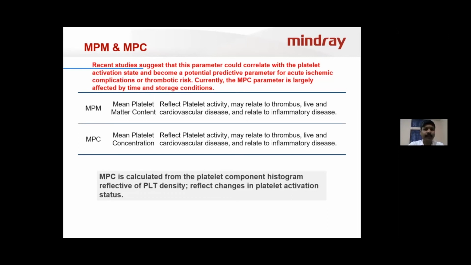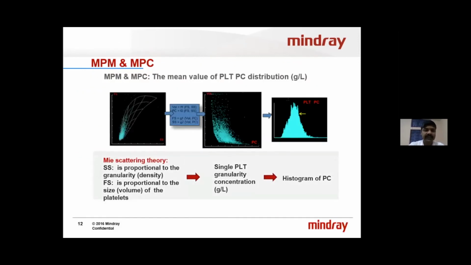So MPC and MPM, we have given two parameters. Why? Because the MPC and MPM are measured using two different algorithms. The MPC is measured from a histogram, not the classical histogram based on size. It is a histogram based on the granularity of each platelet.